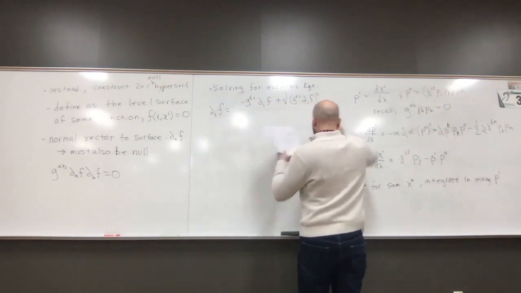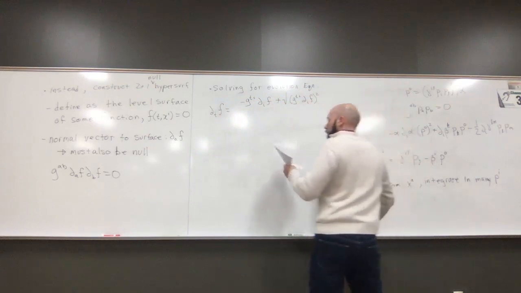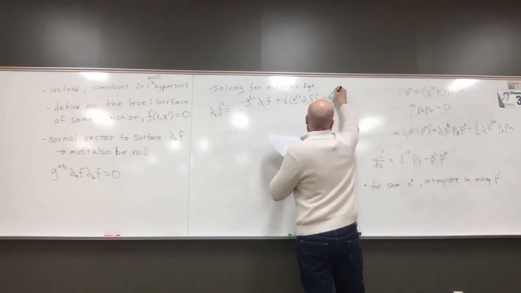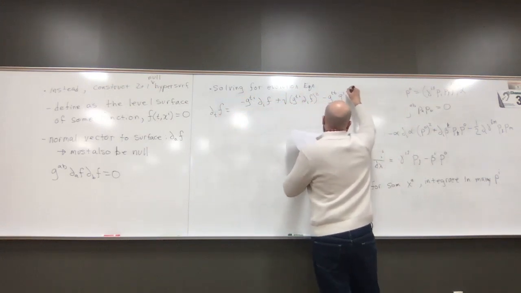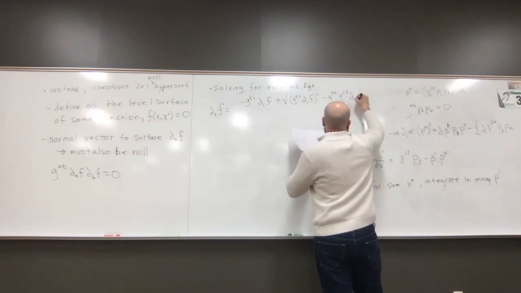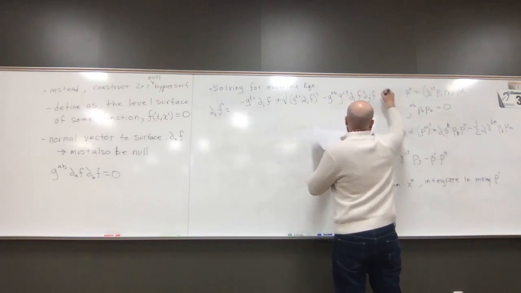I'm going to run out of room here. Minus g upstairs time, time, g ij, spatial components of the 4 metric, partial with respect to i of f, partial with respect to j of f, all that.